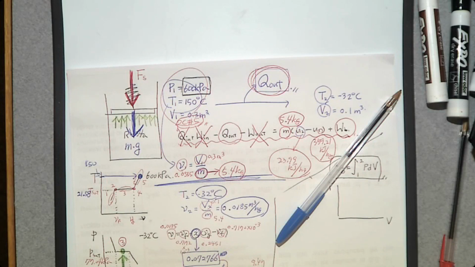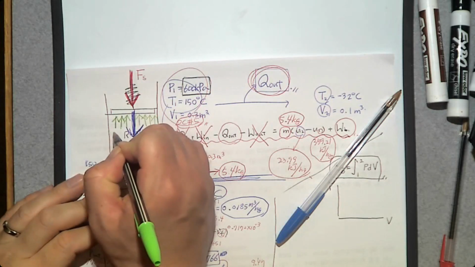But these are fixed boundaries. This one is a moving boundary. So the pressures acting on fixed boundaries, we don't care because they don't do anything, right? So the only thing that changes is the pressure acting on the piston. So let's say that is the pressure of our system, just P.